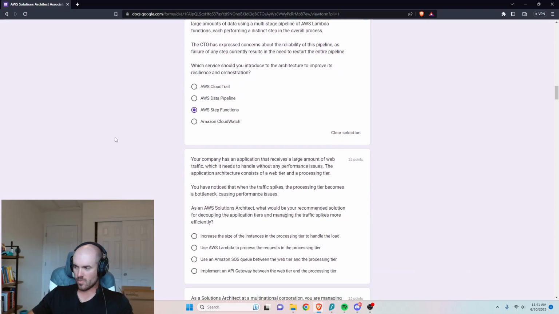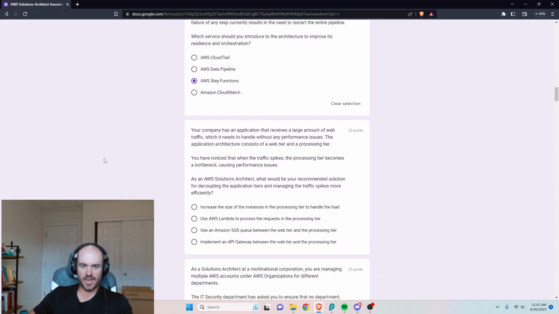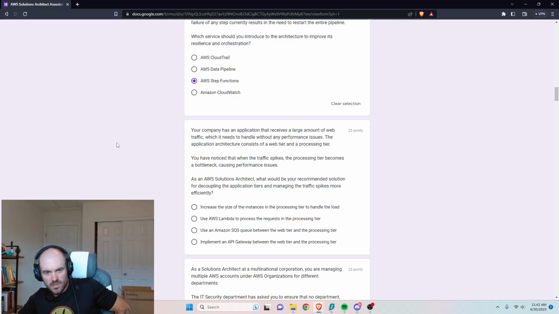Next, we'll just do a couple more here, then we'll go ahead and submit. Your company has an application that receives a large amount of web traffic which it needs to handle without any performance issues. The app architecture consists of a web tier and processing tier. You have noticed that when the traffic spikes, the processing tier becomes a bottleneck, causing performance issues.